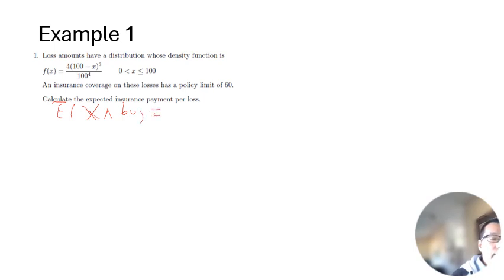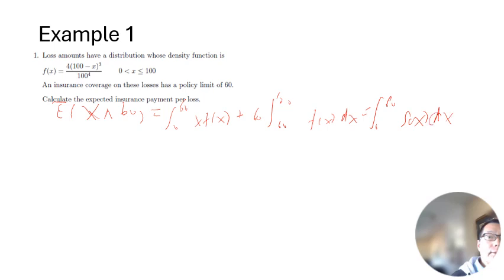If we deduce it, it will be like this: the integral of x f(x) plus 60 times the integral from 60 to 100 of f(x) dx, or eventually it becomes this. This is the formula we learned in the previous slide. Now all we need to do is find S(x), then we can do the integral.